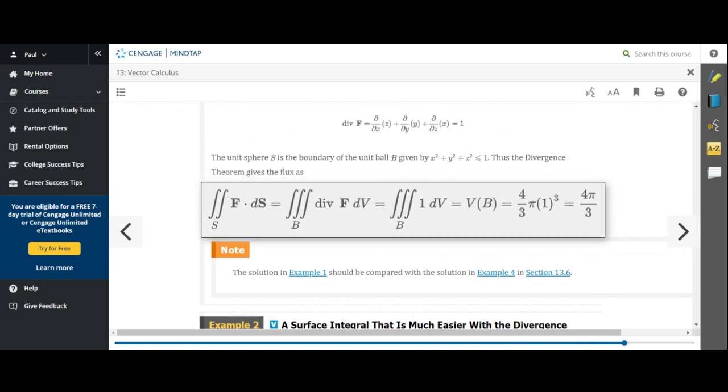In this case, oddly enough, since the divergence of the vector field equals 1, finding the flux is equivalent to finding the volume of the ball of radius 1, because in the triple integral over this ball B, you have a 1 and then a dV.